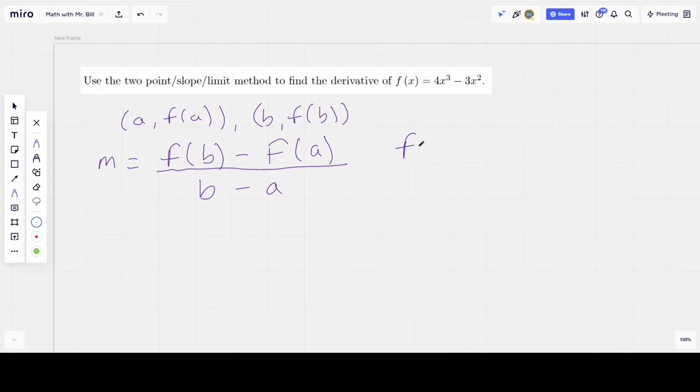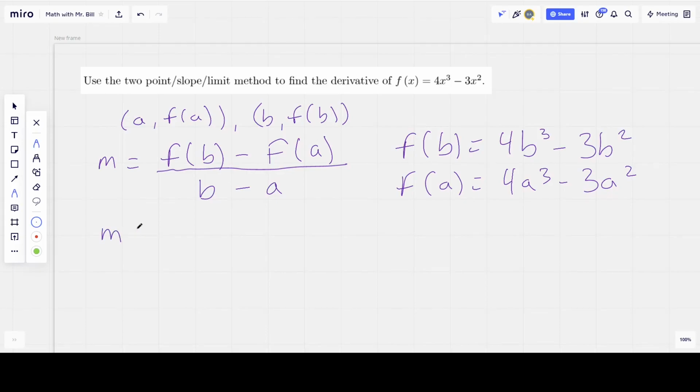And f of b and f of a are just plugging in b and a into our function. So f of b is equal to 4b cubed minus 3b squared. And f of a is equal to 4a cubed minus 3a squared. So let's go ahead and plug that into our slope function.